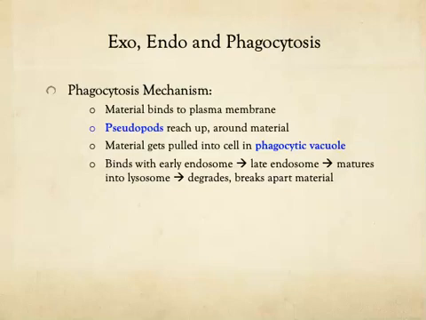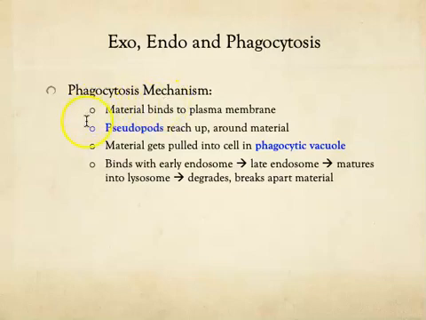Instead, it's binding to the membrane very generally. It's going to come and interact with protein in the membrane just very generally. And when that large piece of material binds to the outside of the plasma membrane, its size is going to trigger something really interesting to happen.